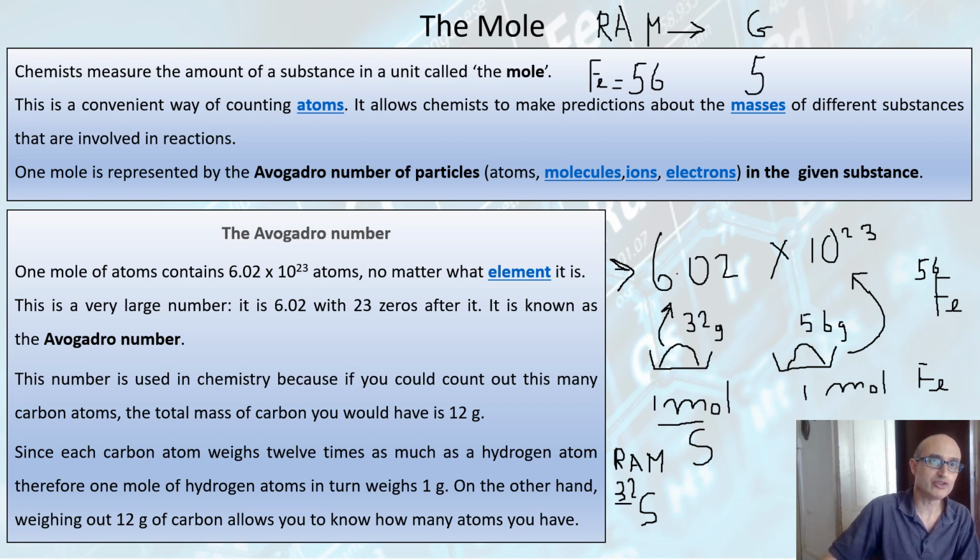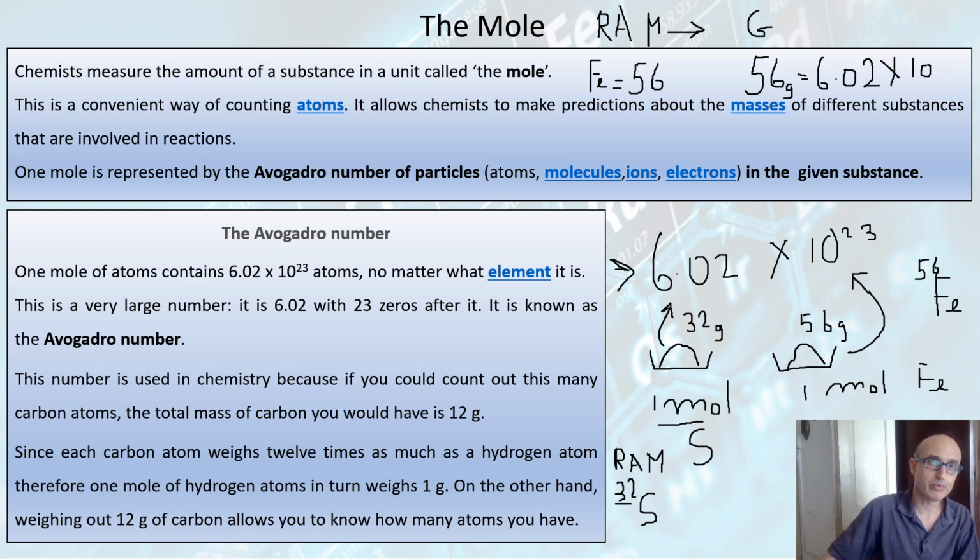If I had to fix the unit G, grams, okay, that is equal to the mass of 1 mole of iron atoms. So 1 mole of iron atoms is that huge number we've just spoken of.